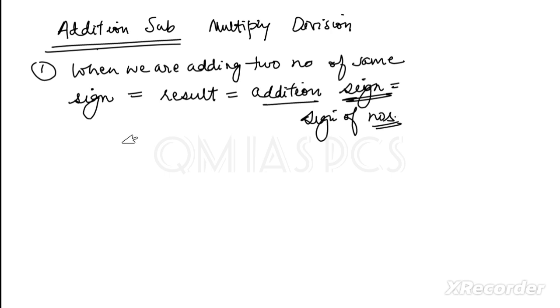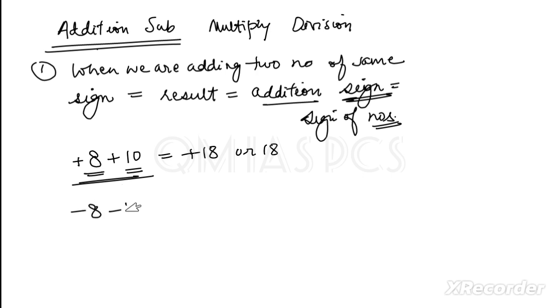For example, 8 plus 10: both have a plus sign, so our result will be plus 18, or you can write simply 18. Here we have two same signs, positive. Again, if we write minus 8 minus 10, it is again 18, but the sign will be minus, because the sign equals the sign of the numbers in the question.